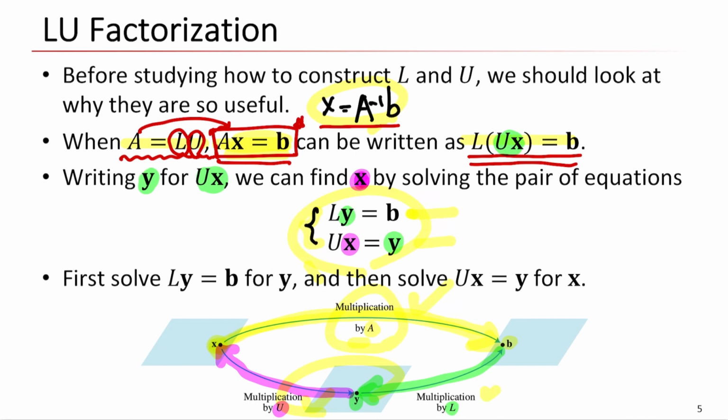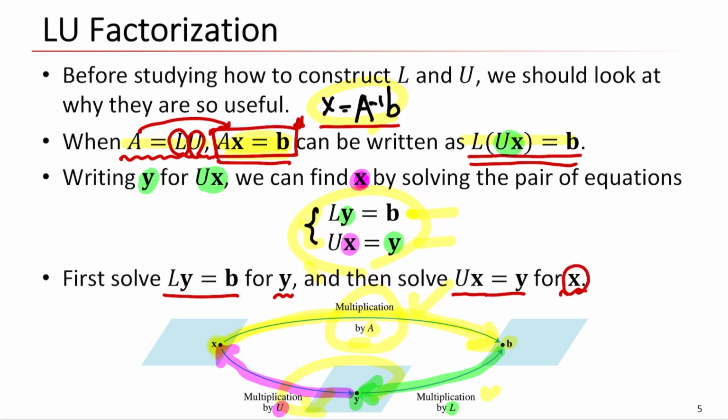First of all, we can solve Ly equals b for vector y, right? Then we can solve Ux equals y for x. So finally, we can get our solution x, right?